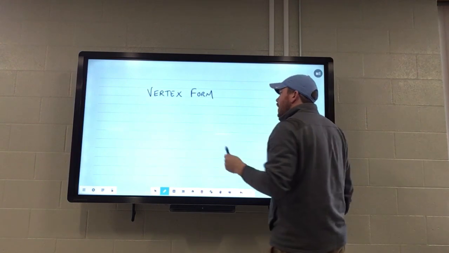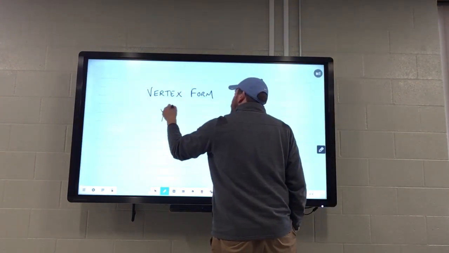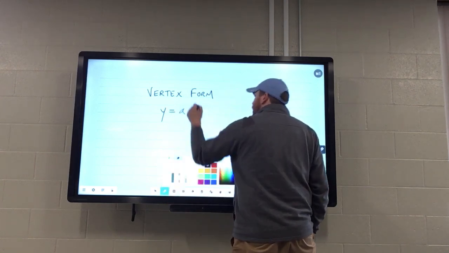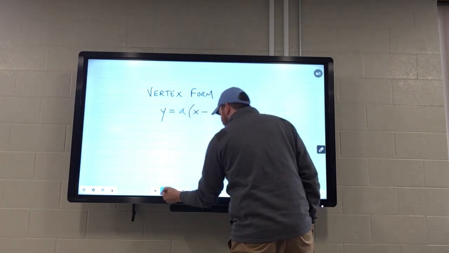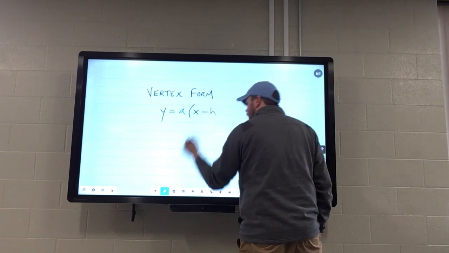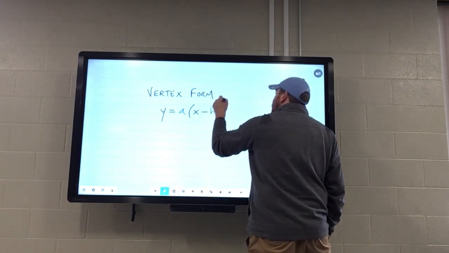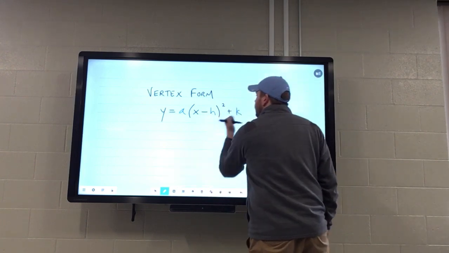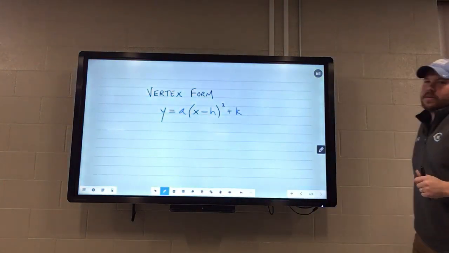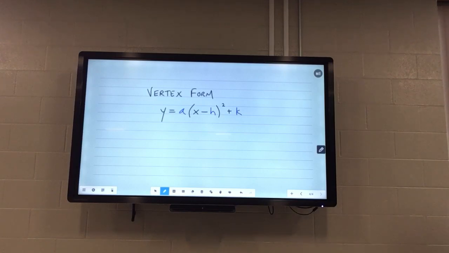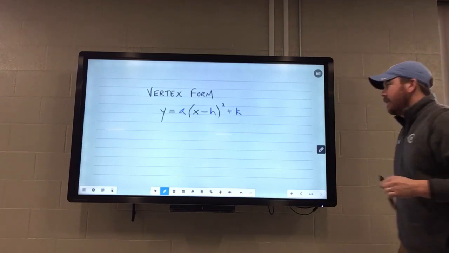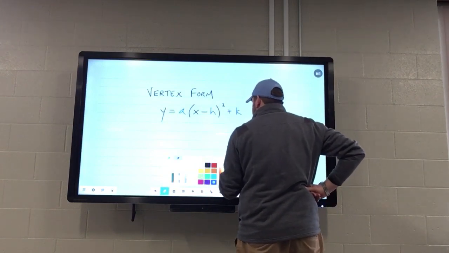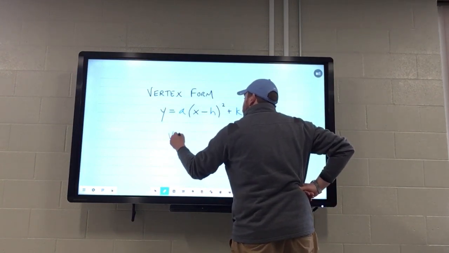Vertex form of a quadratic function is y is equal to a times the quantity x minus h squared plus k. Y is equal to a times the quantity x minus h squared plus k. And what's nice about this is this tells us a really helpful piece of information. It tells us our vertex.